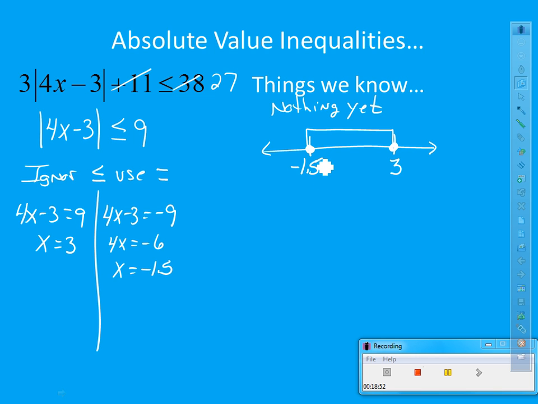You'll like less than better because in interval notation, it just looks like this. Bracket, negative 1.5, comma, 3, bracket. Easier to write. As an inequality, it looks like this. Negative 1.5 is less than or equal to x, which is less than or equal to 3.